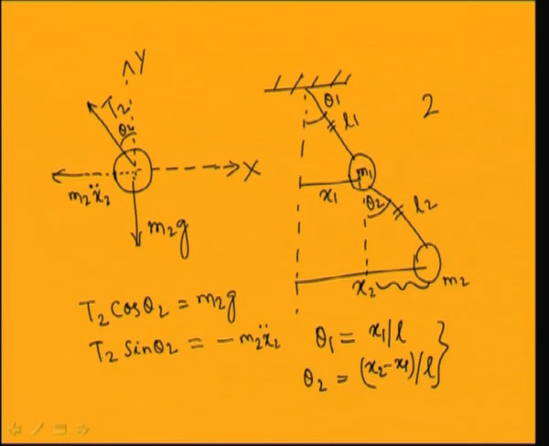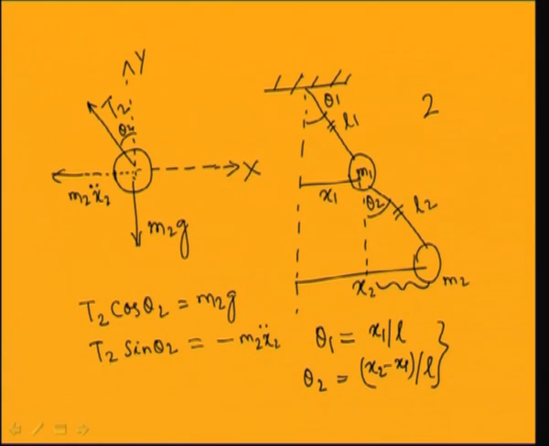Substituting this, from this equation you can see that T2 will be equal to m2g. As theta 2 is very small, T2 equals m2g, and T2 theta 2 will be equal to minus m2 x2 double dot.